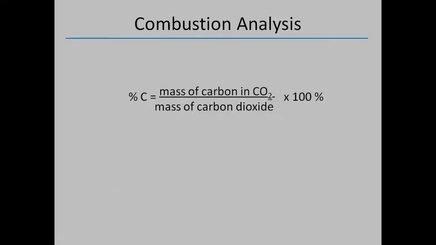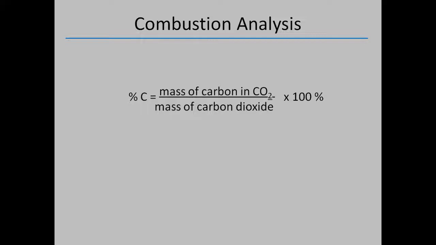So, for example, I know this. My percent of carbon is my mass of carbon in the carbon dioxide that was produced over the mass of carbon dioxide. Now, I don't know the mass of carbon in the carbon dioxide produced, but I could measure my mass of carbon dioxide.